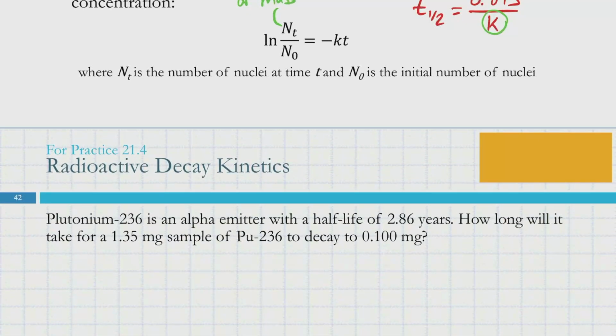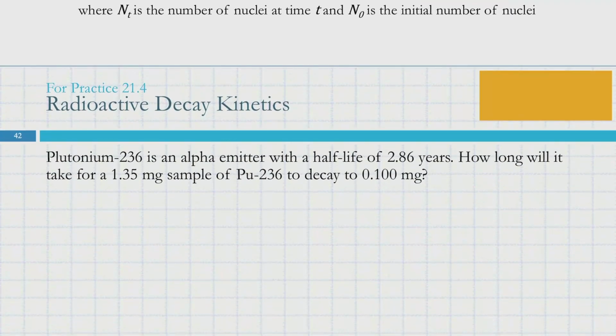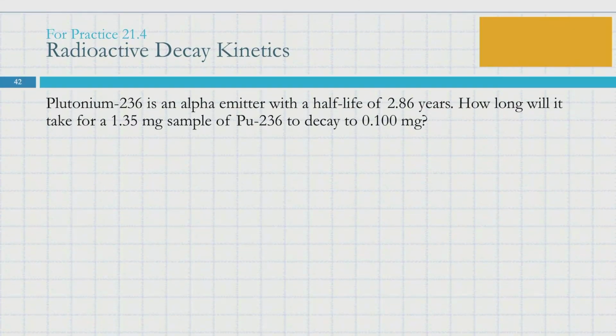Let's say that we have plutonium-236. Plutonium-236 is an alpha emitter with a half-life of 2.86 years. We want to know how long, so we're looking for time, will it take for a 1.35 milligram sample of plutonium to decay to 0.100 milligrams of the same thing?